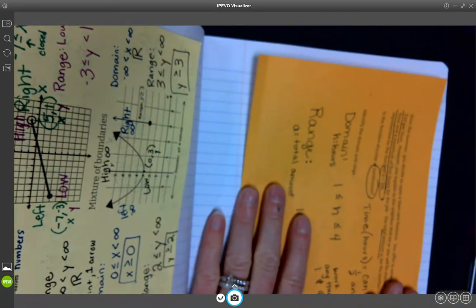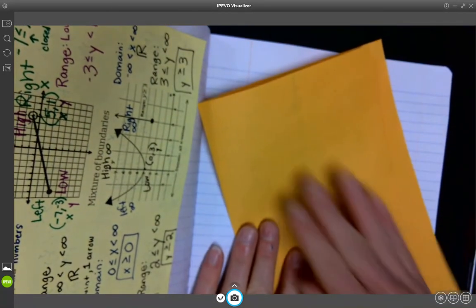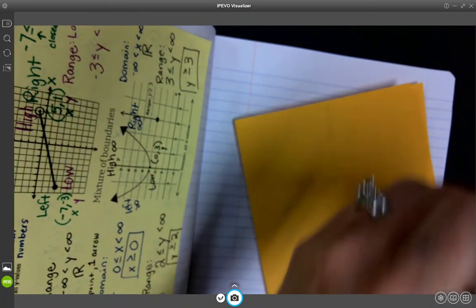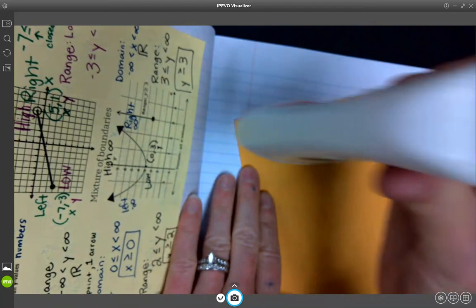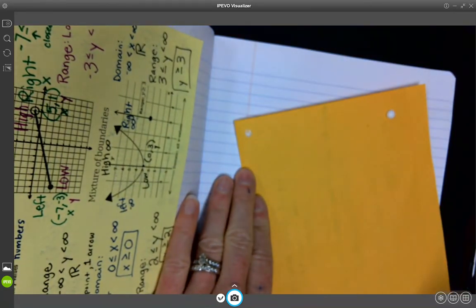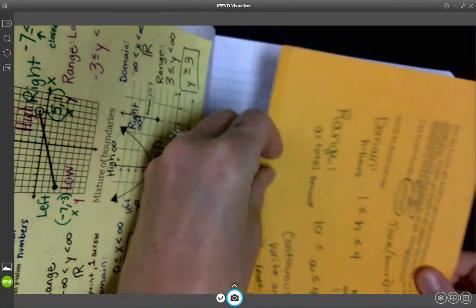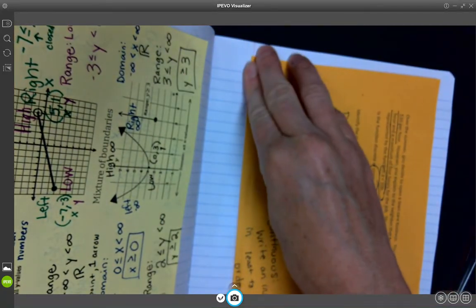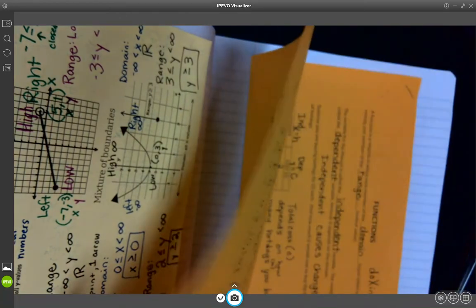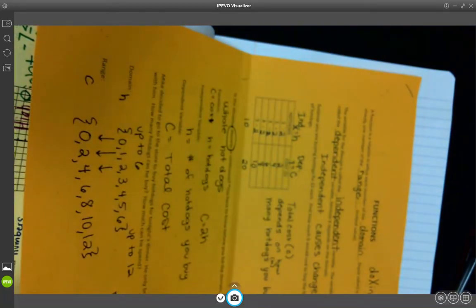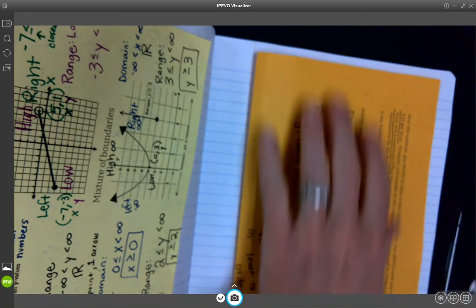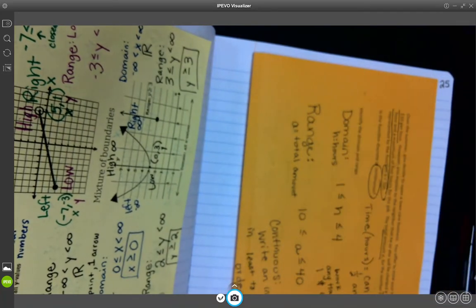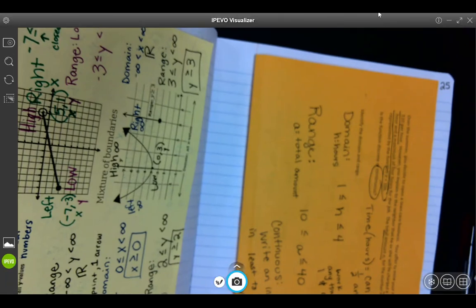Just fold it so that you're not going to glue on any of the stuff you wrote on. It's going to look like this, and then whenever I open it up, I can see the inside. And update your page numbers. Then I'm going to show you what your assignment is.